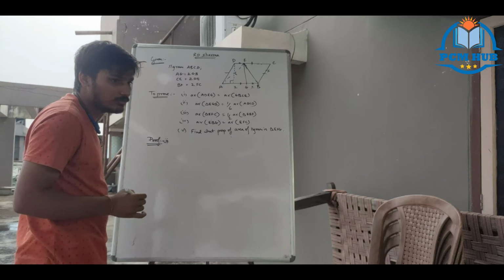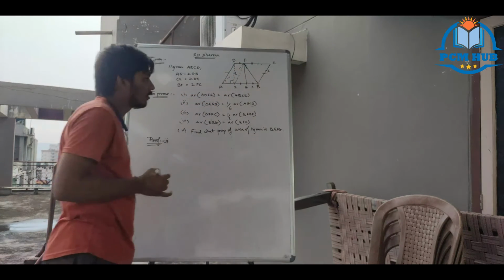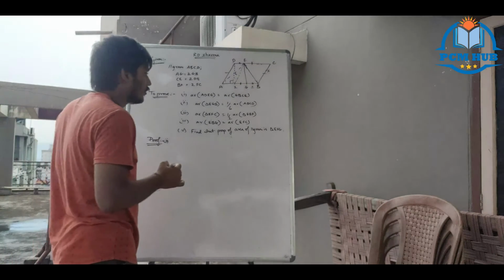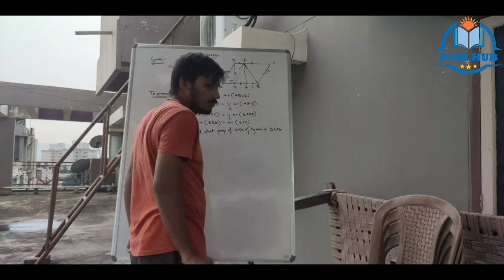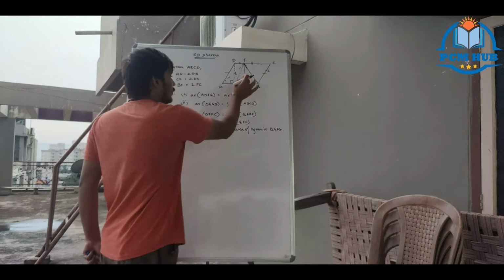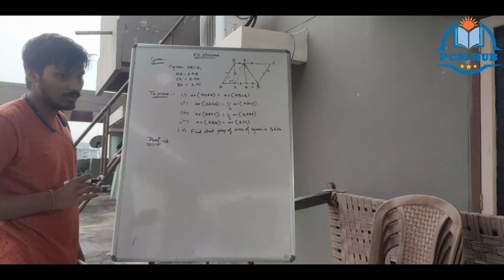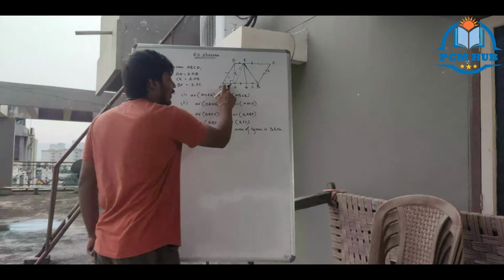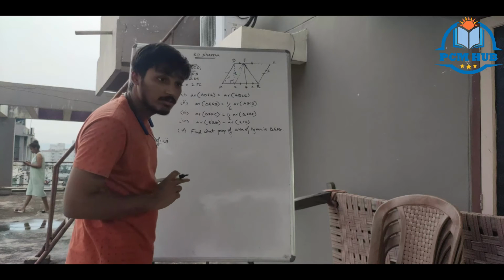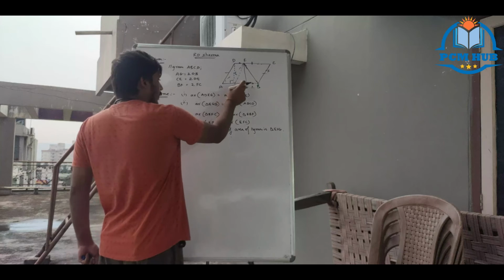Do construction. Put one median. Then these two triangles are equal in area. Now what do you need to prove? Just prove these two congruent. If this is half area, it means these two sides are equal. This is half area.